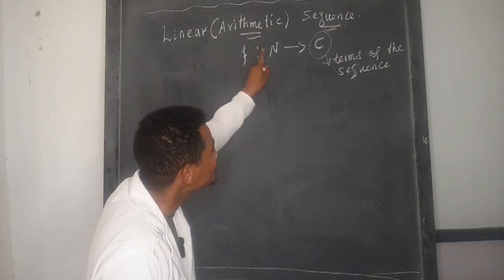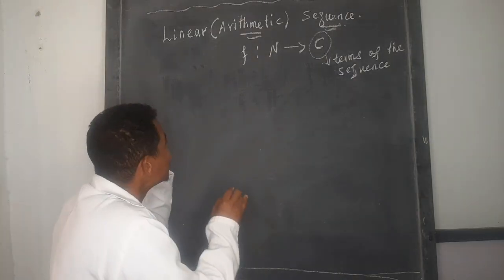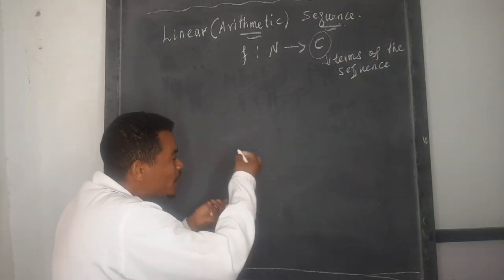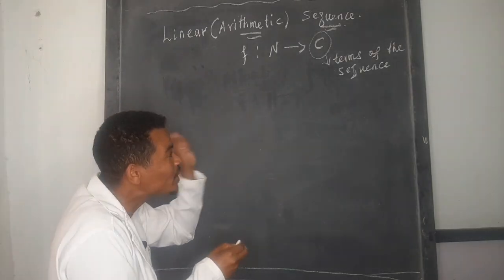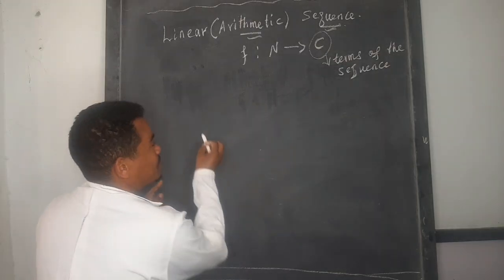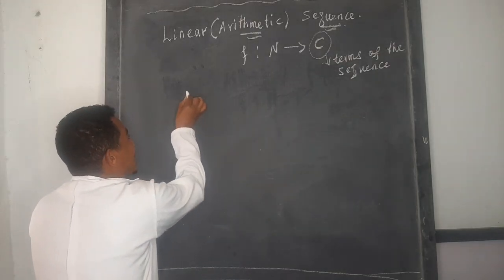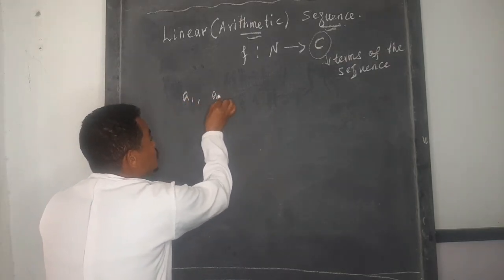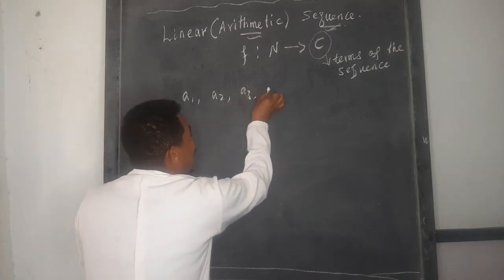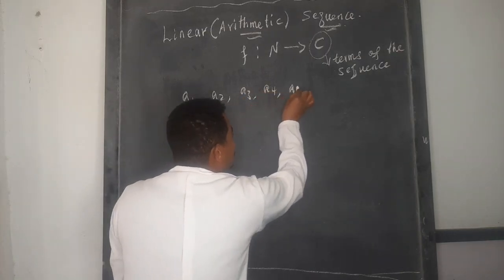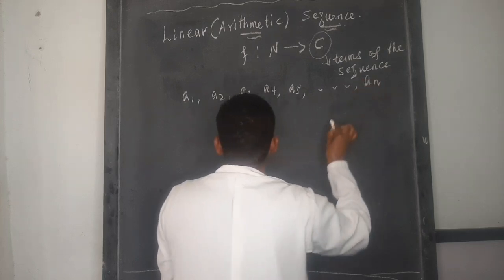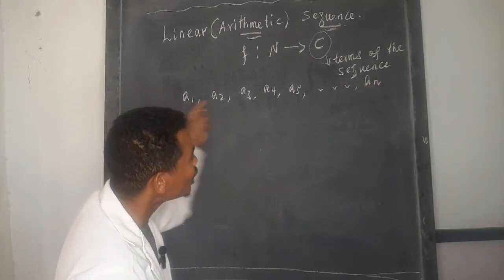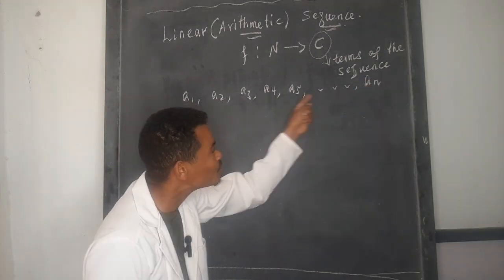For example, let's say a1, a2, a3, a4, a5, like this, up to an. These are the terms of the sequence.